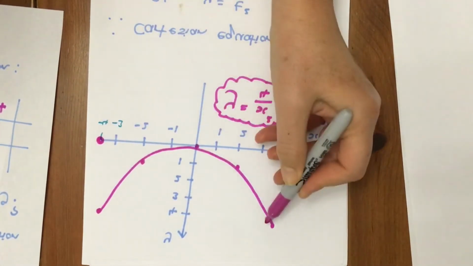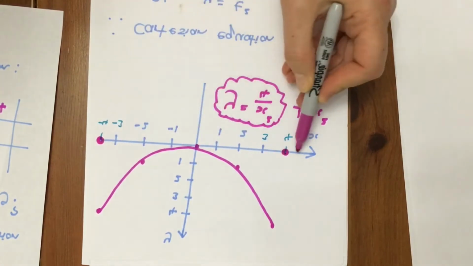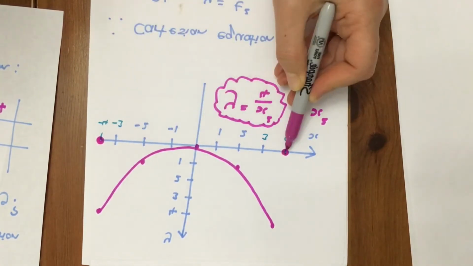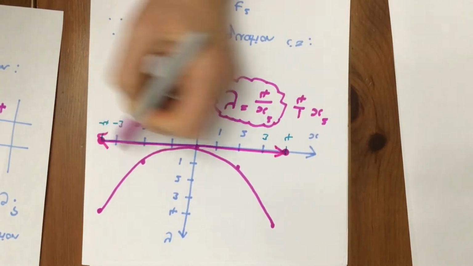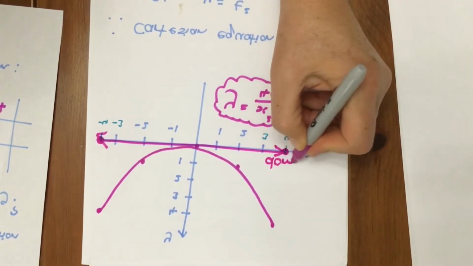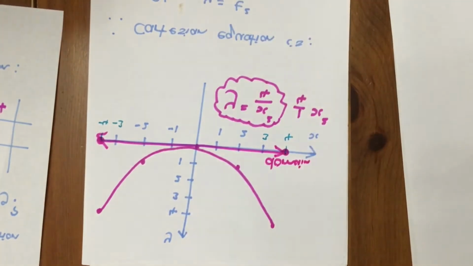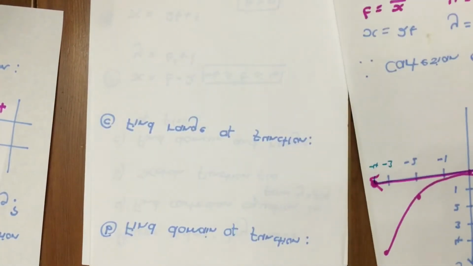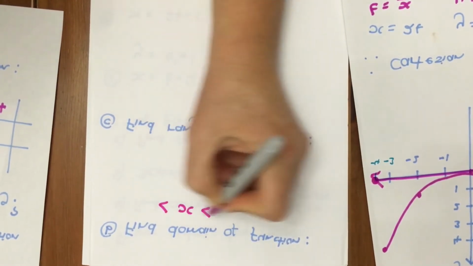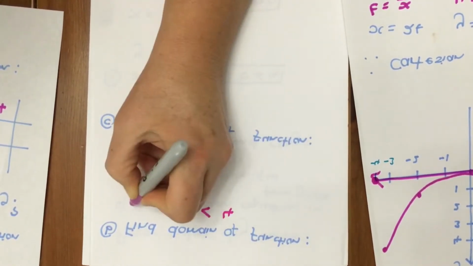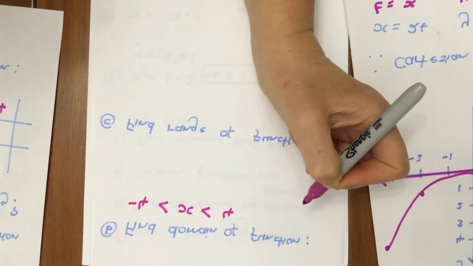Well, this curve is valid for all my x values between -4 and 4. So this is what we call the domain of my function. So how do I write that down? The domain of the function is x takes all the values between 4 and -4.